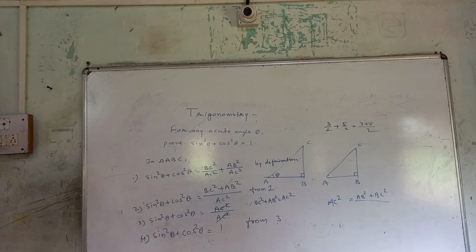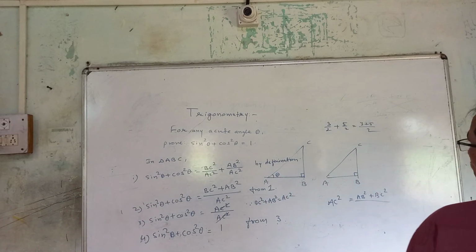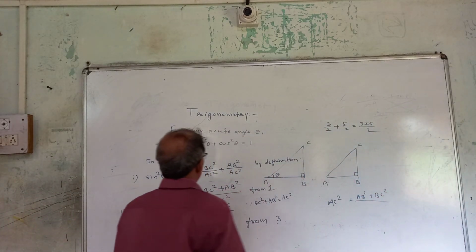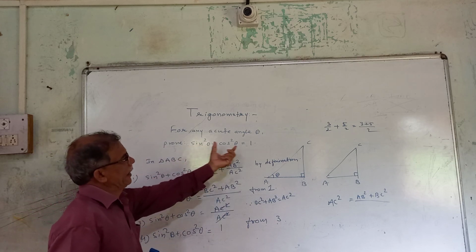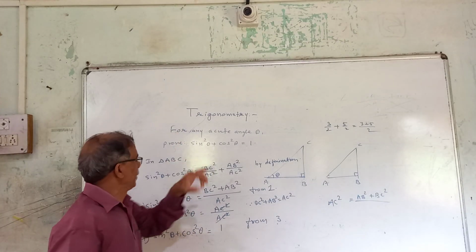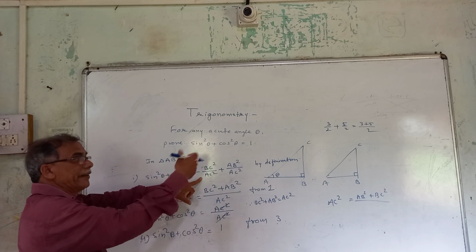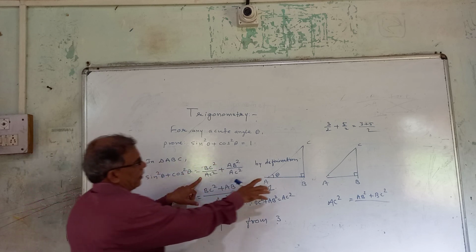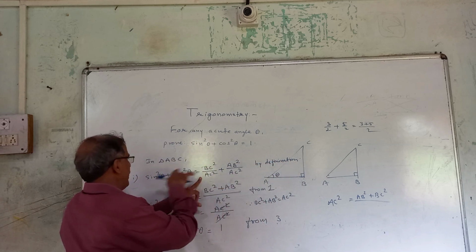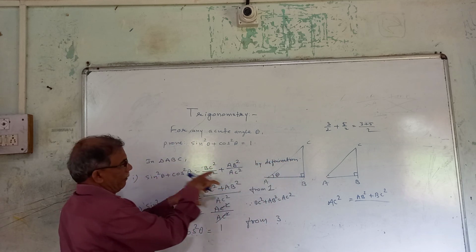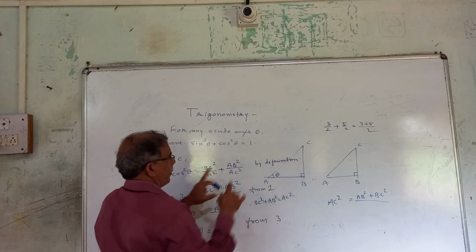Okay. So to prove sin square theta plus cos square theta is equal to 1, you draw this, your figure will be this one. You straightaway write sin square plus cos square. We have to simplify this and we have to get the answer 1. That you have to remember. See in the figure and substitute in terms of ratio. Sin is opposite upon hypotenuse, so BC square upon AC square. Why is it square? It is square as given here. Plus cos is adjacent upon hypotenuse, AB square upon AC square.